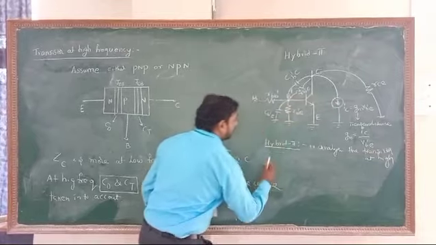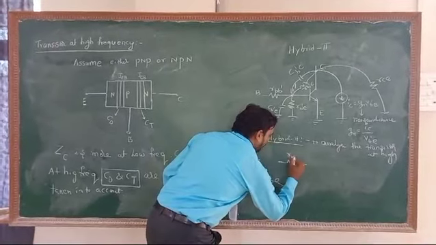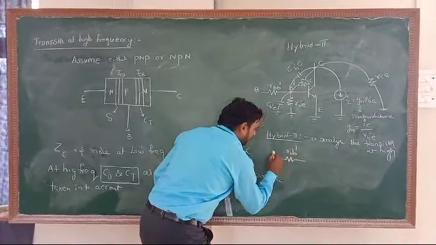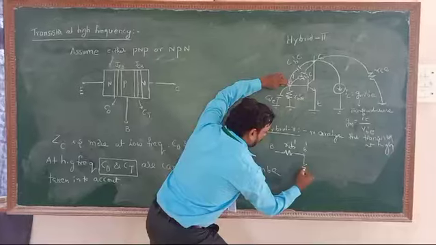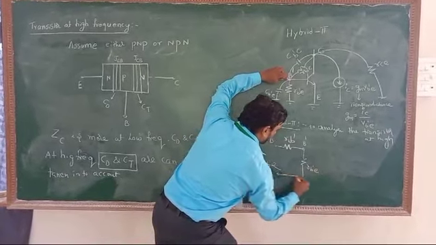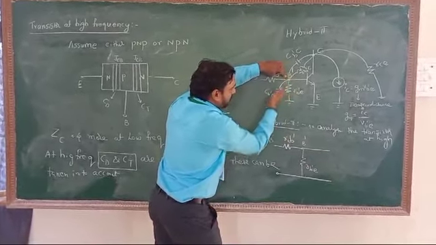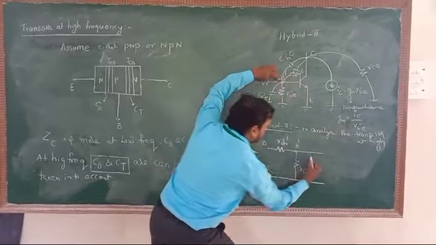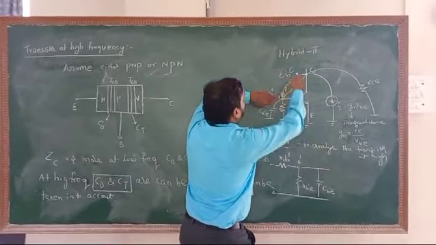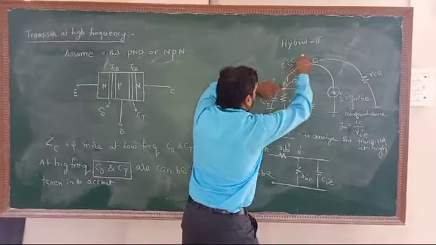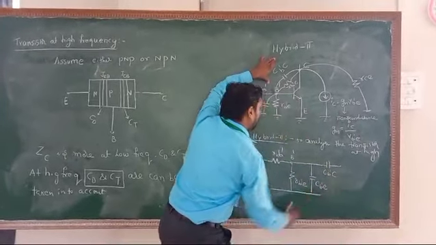It can be shown as rbb dash, the resistance between B and B dash, and the resistance between B dash and emitter is called the input resistance, rb'e, and the input capacitance between base and emitter, Cb'e, and also the output capacitance or feedback capacitance Cb'c, and feedback resistance.